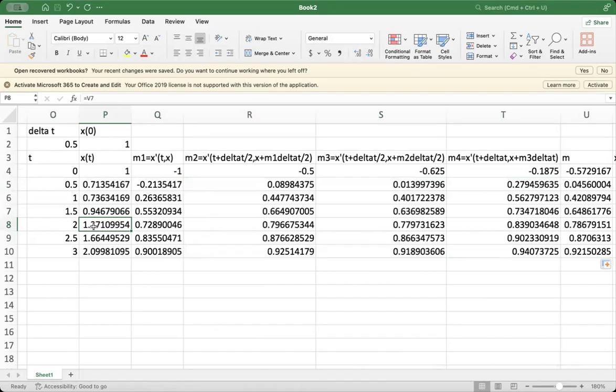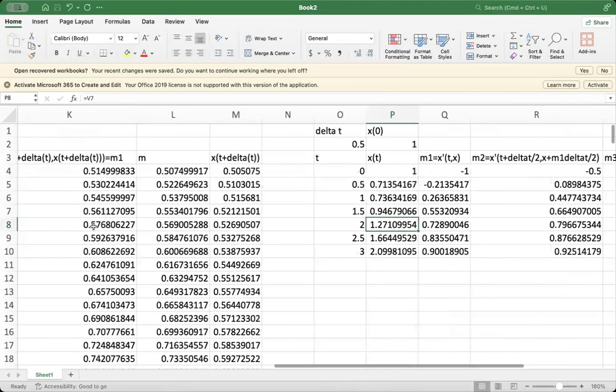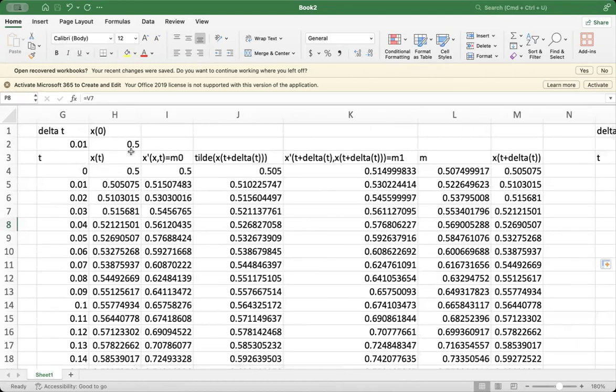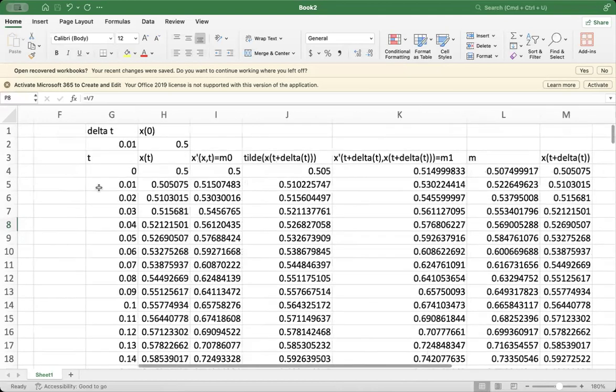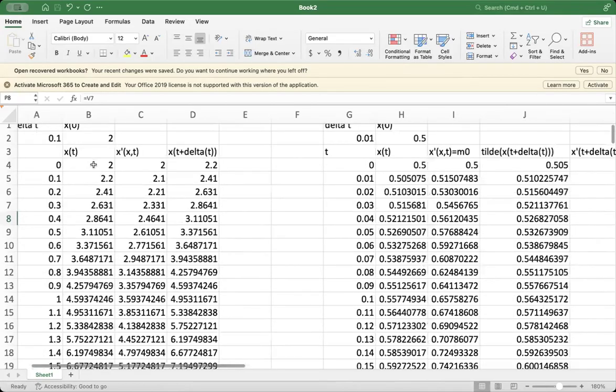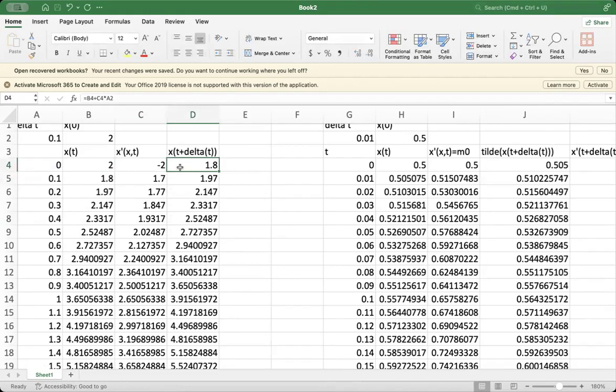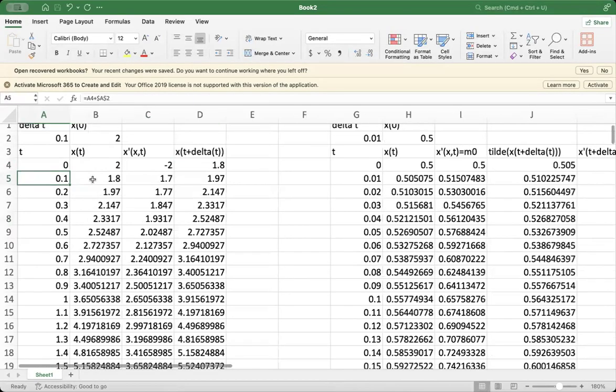I don't know what the actual value is. I should probably figure that out. But what did Euler's method say? Let's see how far off this is from Euler's method. For Euler's method, I have to change the differential equation. Which differential equation is this? This is t plus x. If I did t minus x and then change that, that's good. So this needs to be minus, minus.